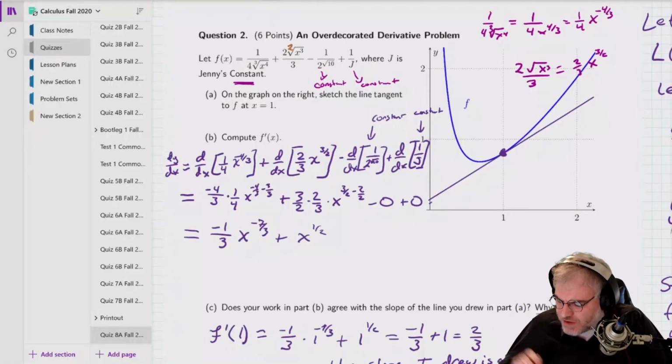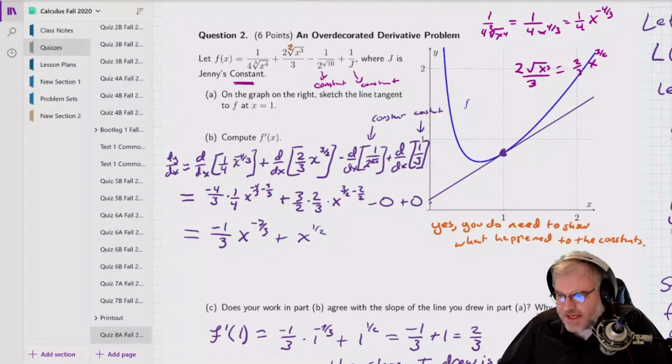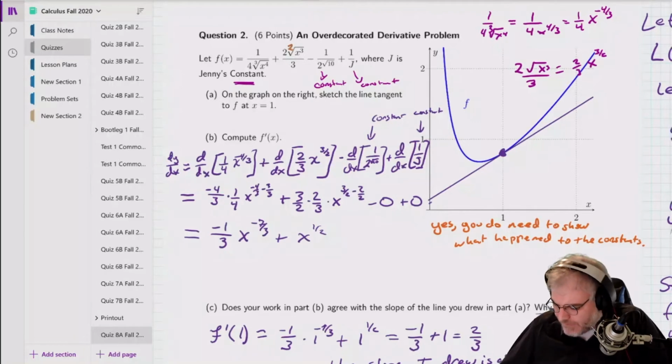And yes, I do need to show where the zeros went. Okay, somewhere in there, I need a plus 0 and a minus 0. I need to show what happened to those things.